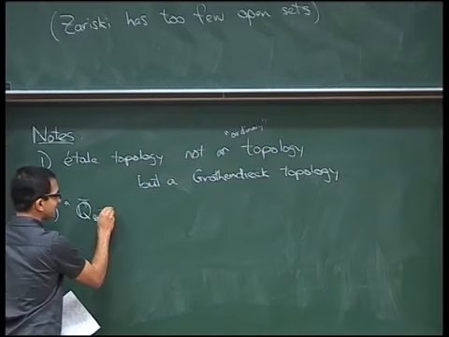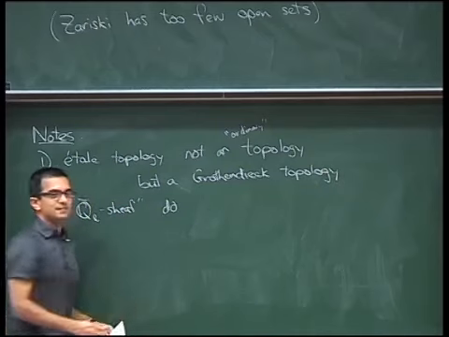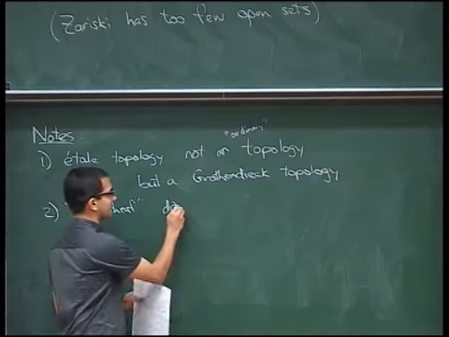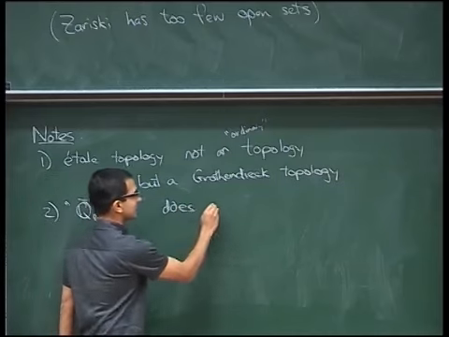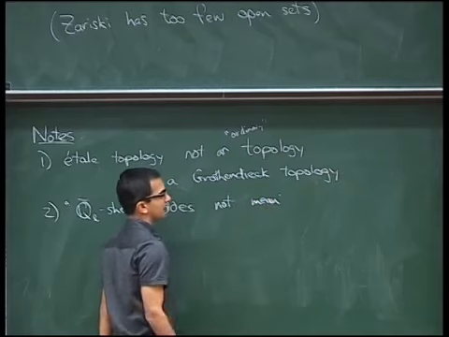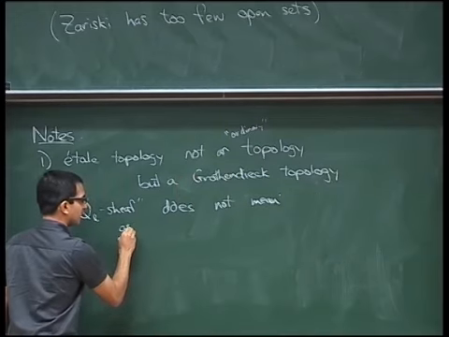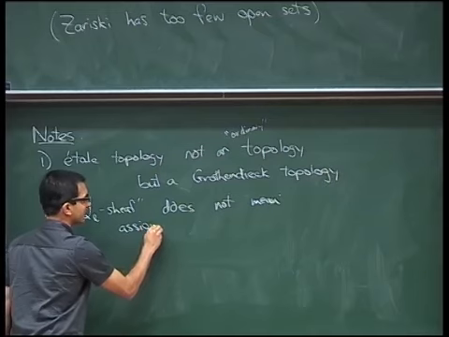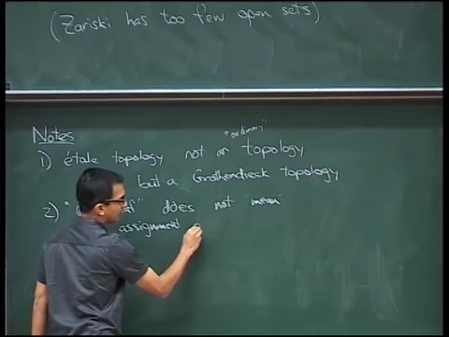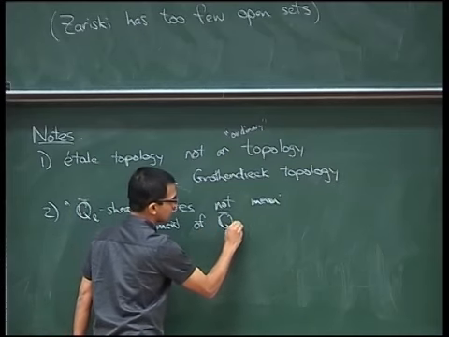a Q_l-bar sheaf does not, I mean, even if you sort of know what the étale topology is, this doesn't mean a rule which assigns, I mean, normally a sheaf is an assignment of a vector space to each open set.